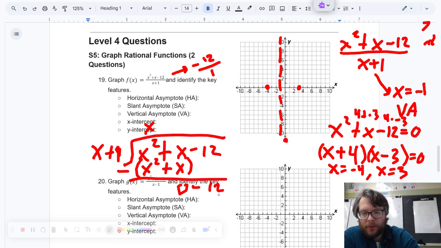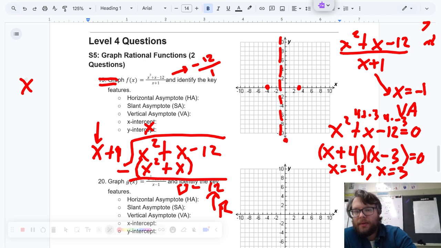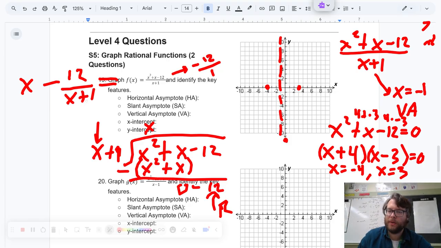There's nothing that I can multiply x by to make it turn into minus 12, so that's my remainder. What this means is my original equation can be rewritten as just the number x, and then it can be minus 12 over x plus 1. Okay?